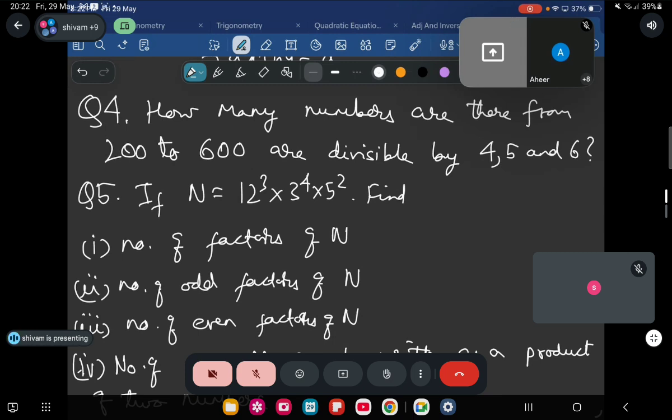Tishita, 5 part 1 is correct. Venkat, 5 part 1 is correct. Ramadip, 5 parts 2 and 3 are correct.